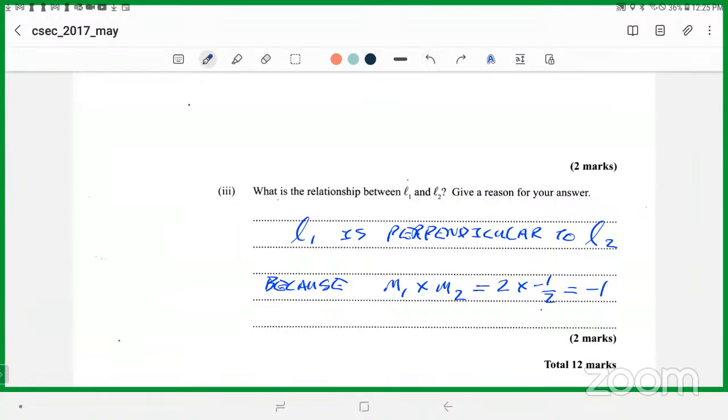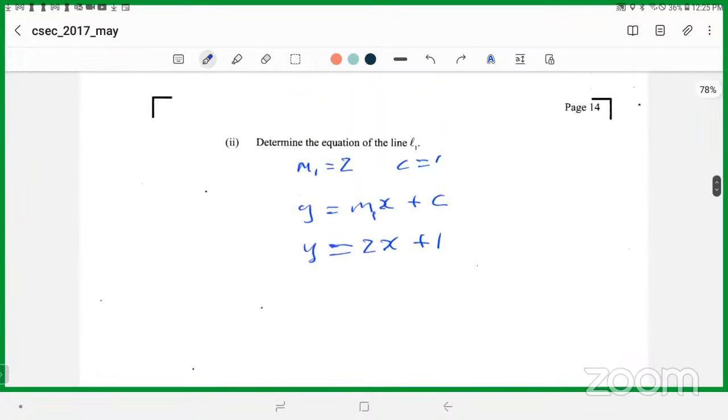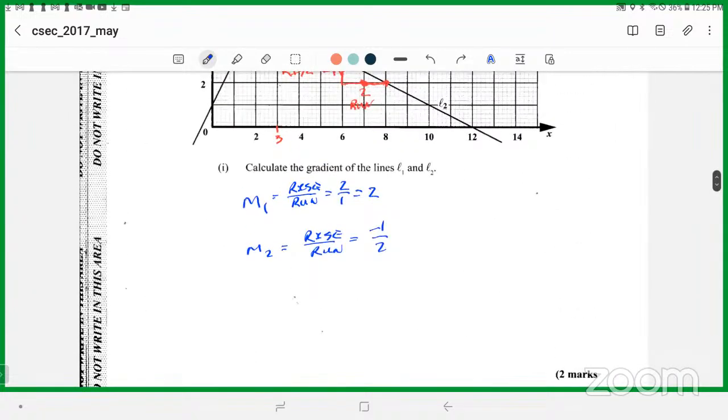This question is testing your knowledge of this: that when lines are perpendicular, the product of the gradients is negative 1. This question was a lot about gradient. You have to remember that, guys. If the lines were parallel, the gradients would be equal. When the lines are perpendicular, the product of the gradients is negative 1, or they are negative reciprocal gradients of each other. In other words, if you flip the 2 and change the sign, you get minus a half.